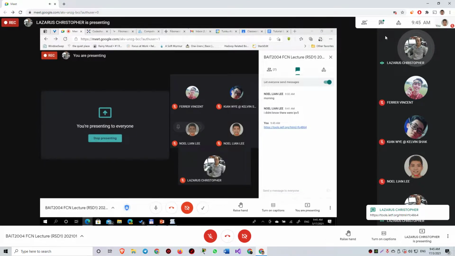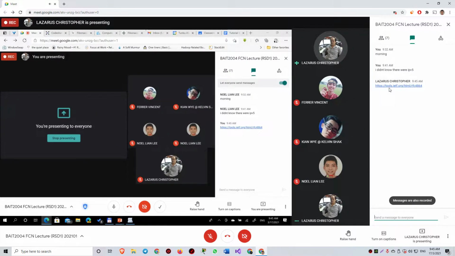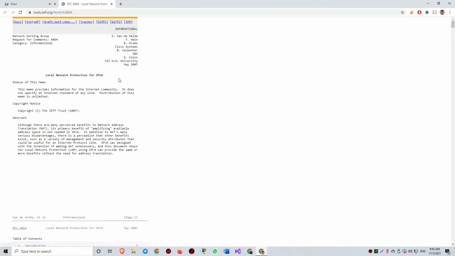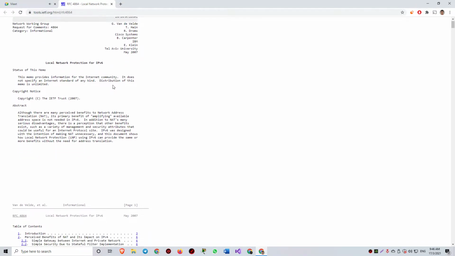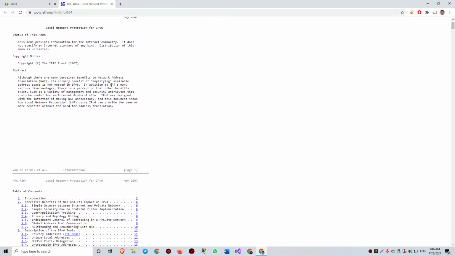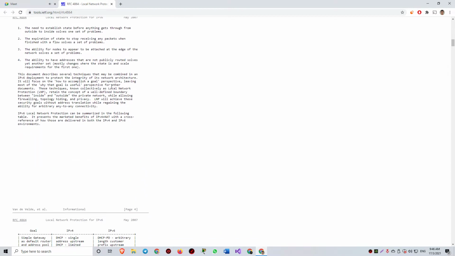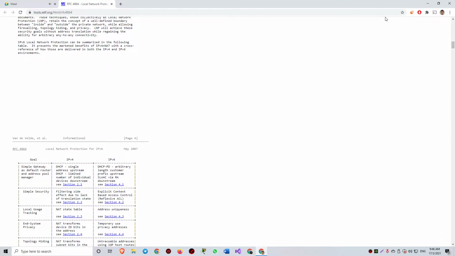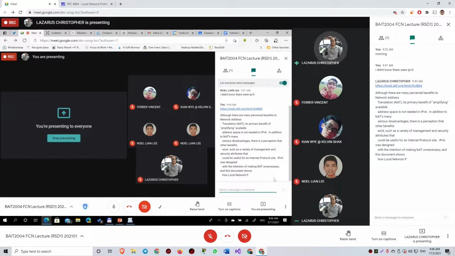This document may not be part of our syllabus, but it helps you understand the subnetting part, because I want to talk about subnetting in IP version 6. We still have subnetting in IP version 6, but not because of the reasons we think of, not the reasons why we have it for IP version 4.